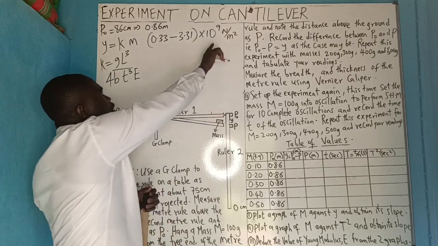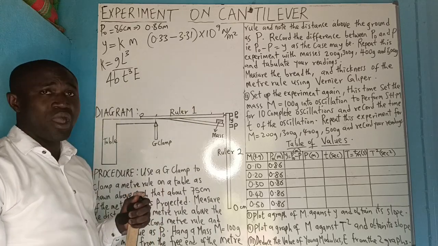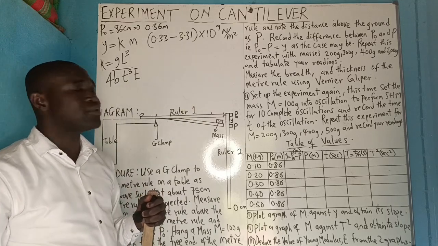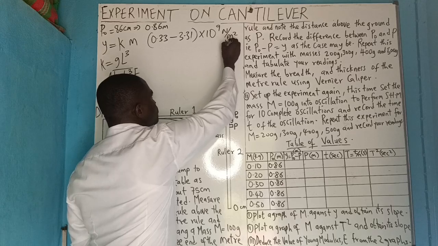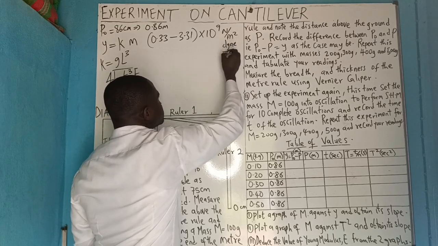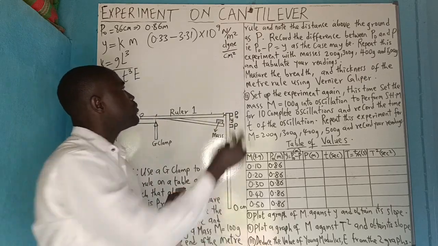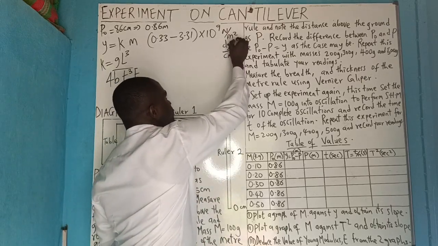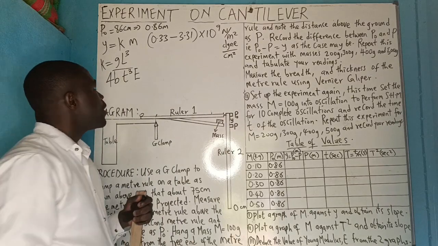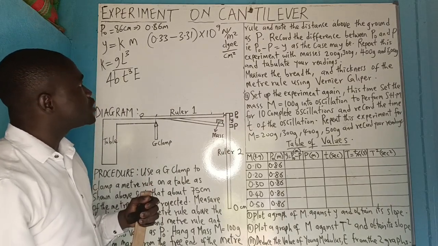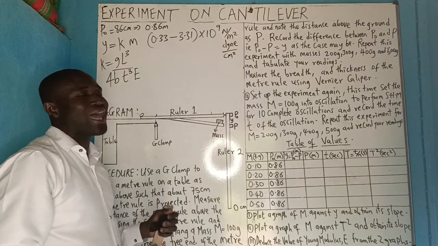Now, this is in Newton per meter square. Someone can say, let him put it in dyne per centimeter square. That means we can put it in many units. And so what is the relationship between Newton per meter square and dyne?